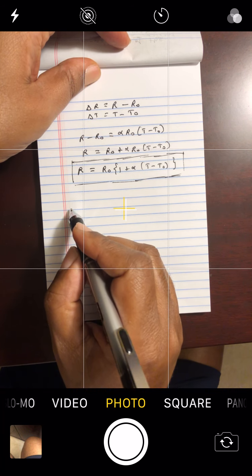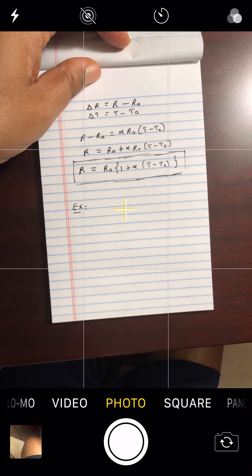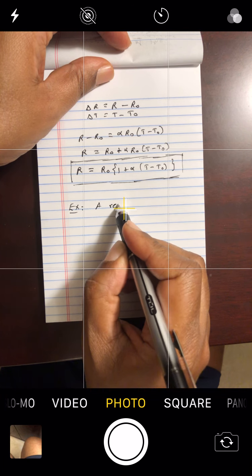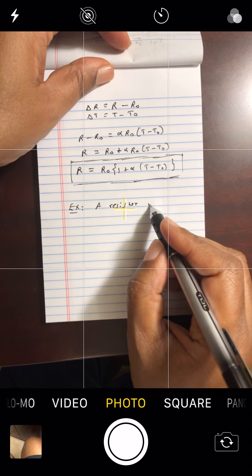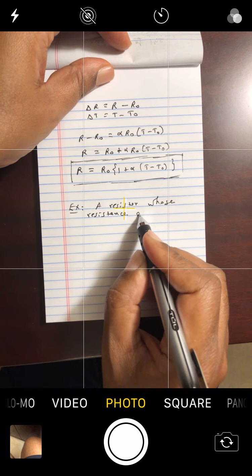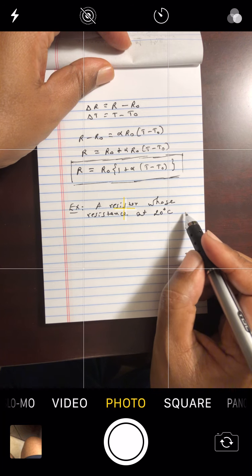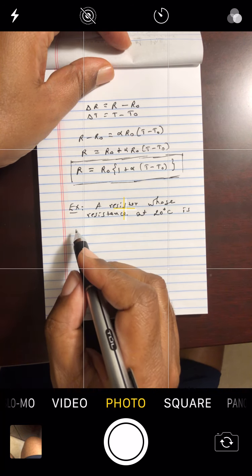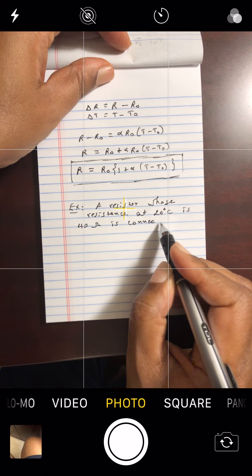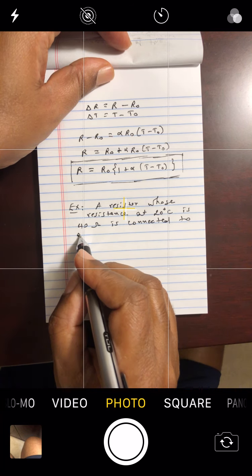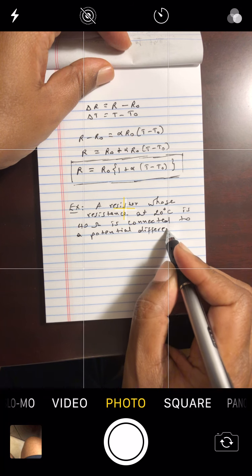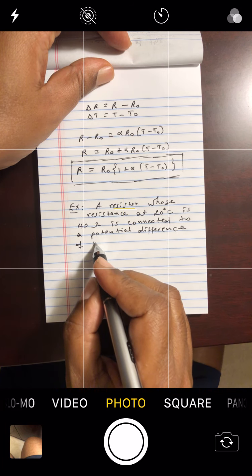Now let's consider an example. A resistor whose resistance at 20 degrees centigrade is, let's say, 40 ohms, is connected to a potential difference of 10 volts.